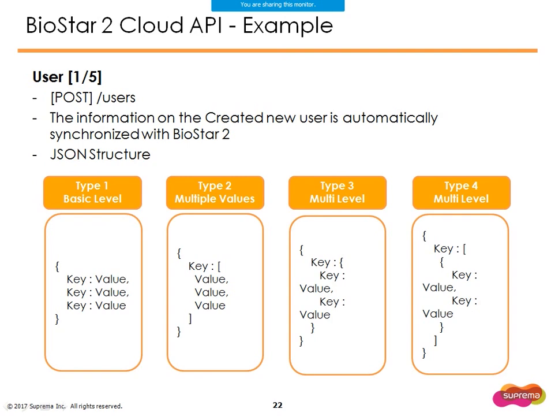In case of type 3, it is about the multiple level of JSON. Looking at the structure, a value is comprised of several pairs of key and values for one key. In this case, the value is displayed as object data type in C#.